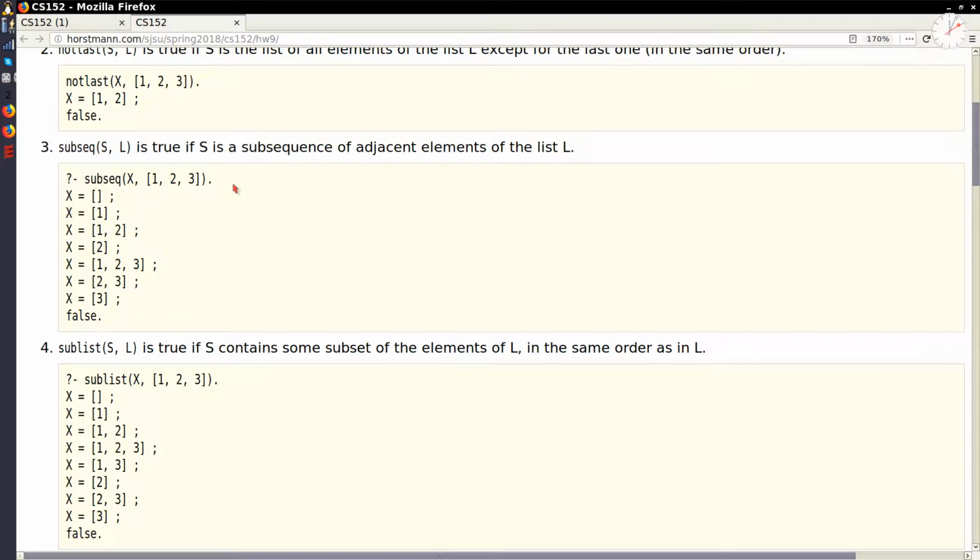So X is the list, and now I append a list with one element, and then I get S.